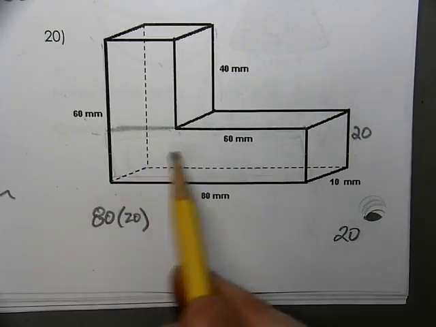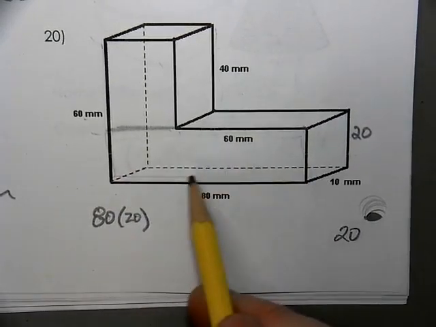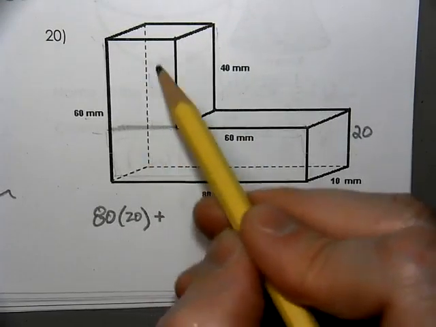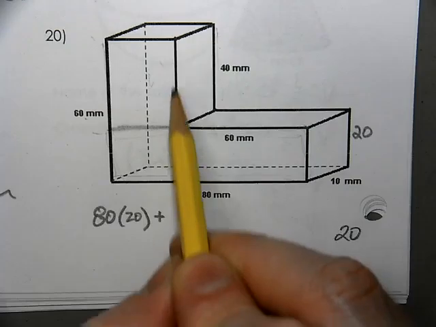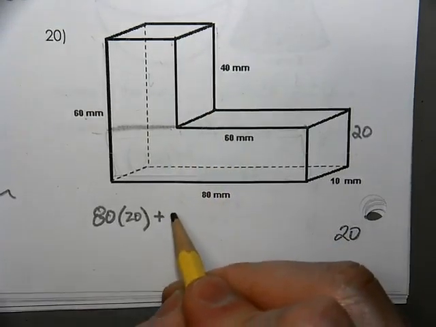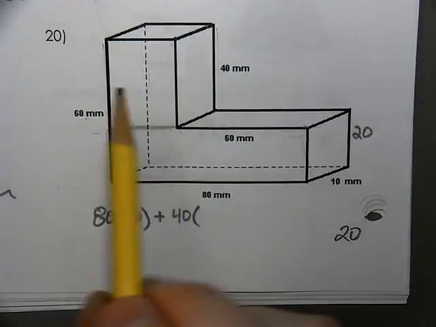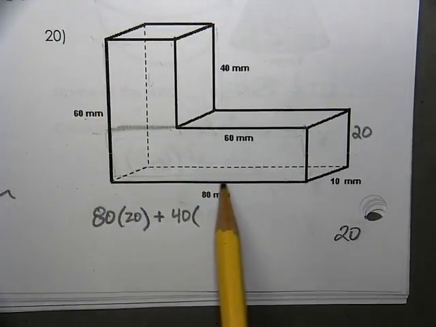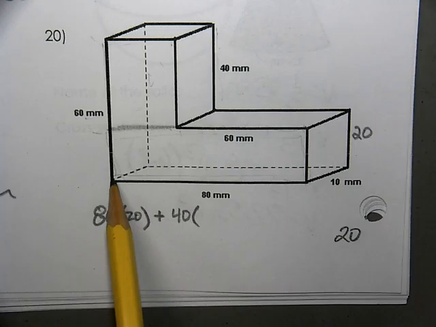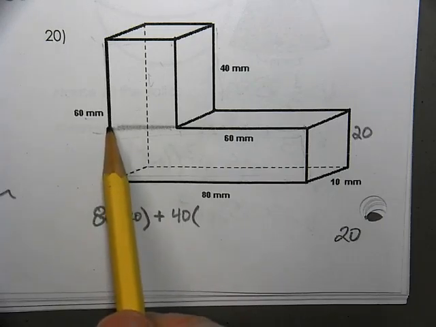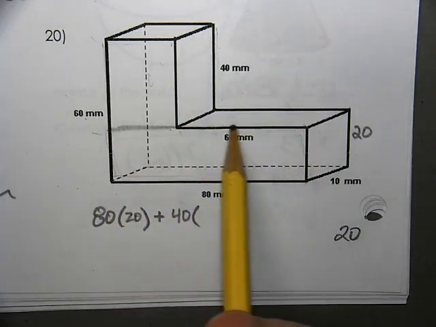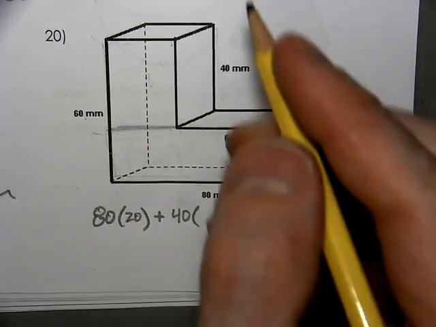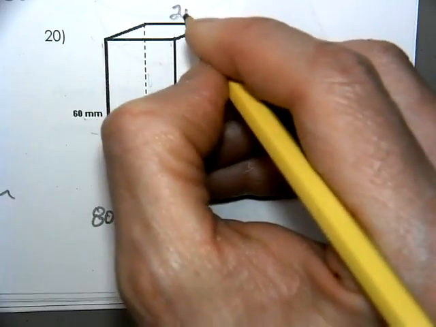That gives me the area of this rectangle. I'm going to add it to 40. And how wide is this? Well, if it's 80 all the way across, part of this that I'm not counting is 60, so the other part is 20 also.